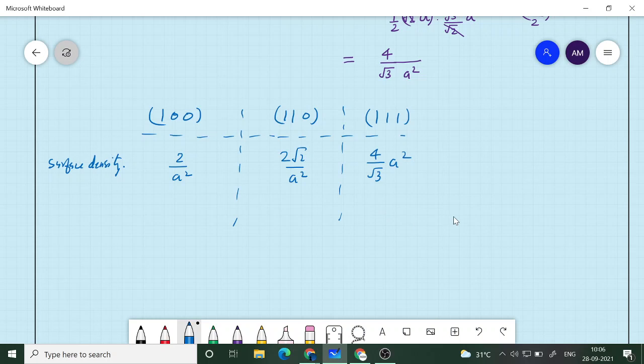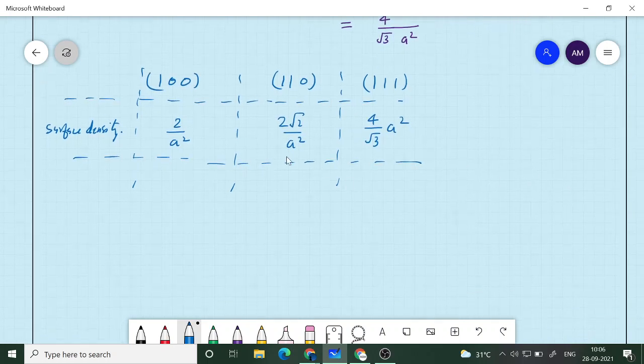Okay, so now which is the most preferred out of this? The one which has the smallest value is the most preferred. If you see these 3 values, definitely 2 root 2 is greater than 2. So you can say that 1 0 0 is better than 1 1 0.